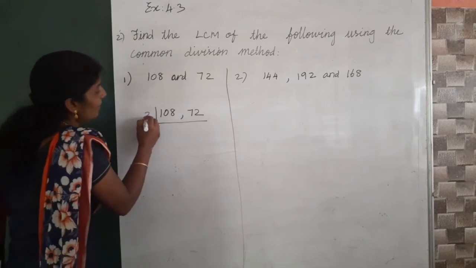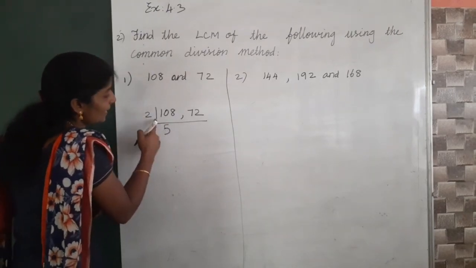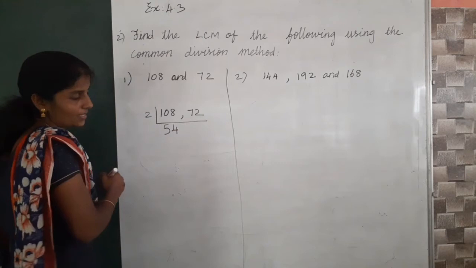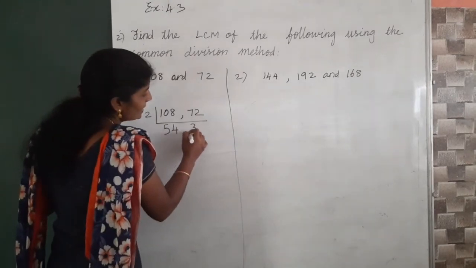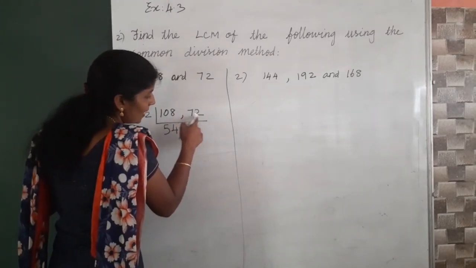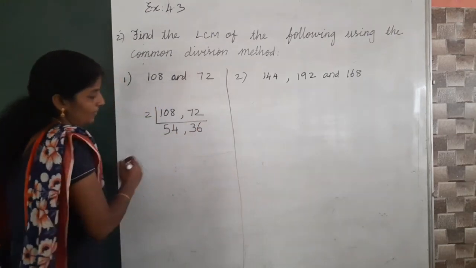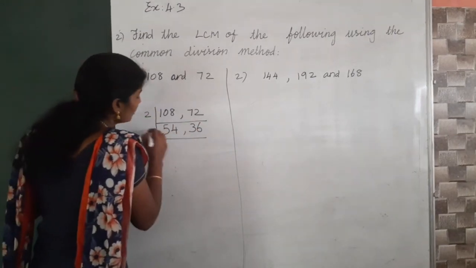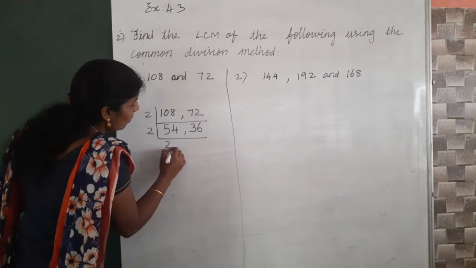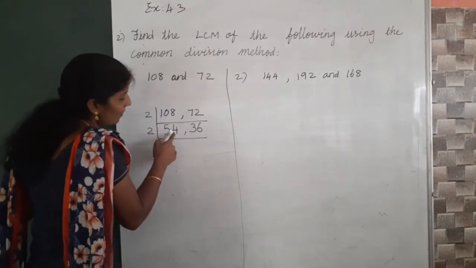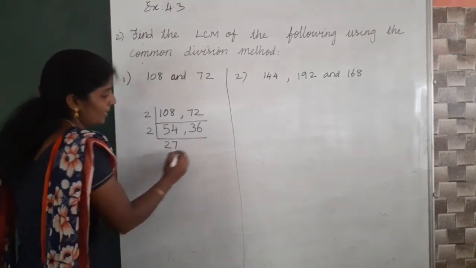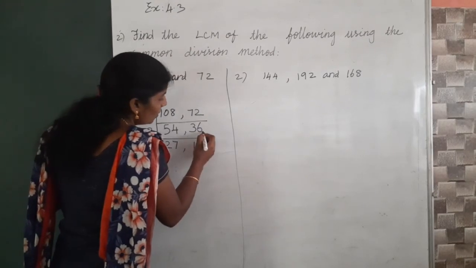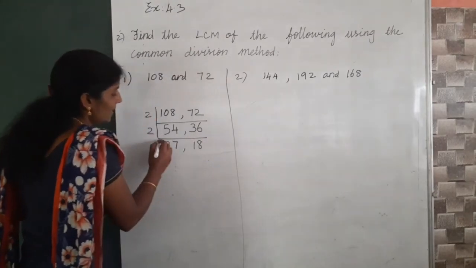Now here 2 table, 5 2s are 10, 4 2s are 8. 3 2s are 6, 1 balance 12, 6 2s are 12. Then again 2 table, 2 2s are 4, 1 balance 14, 7 2s are 14.